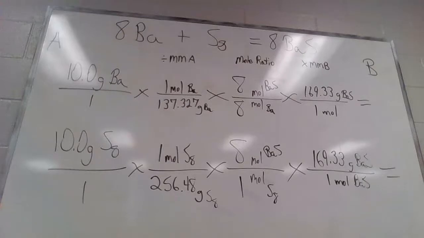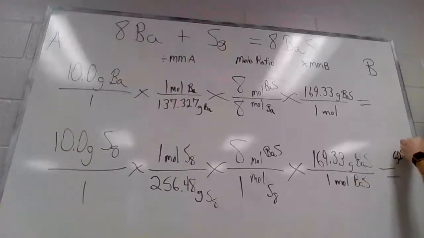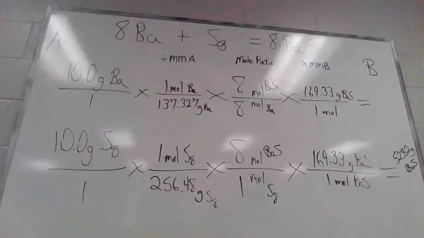Anybody have the top or the bottom number? 52.82. Is that the top or bottom? Bottom? 52.82, and that's going to be grams of BAS. Actually, I'm going to go with the top. Anybody got the top? Did you get it? Are you working on it? Whichever one's less or more, right?